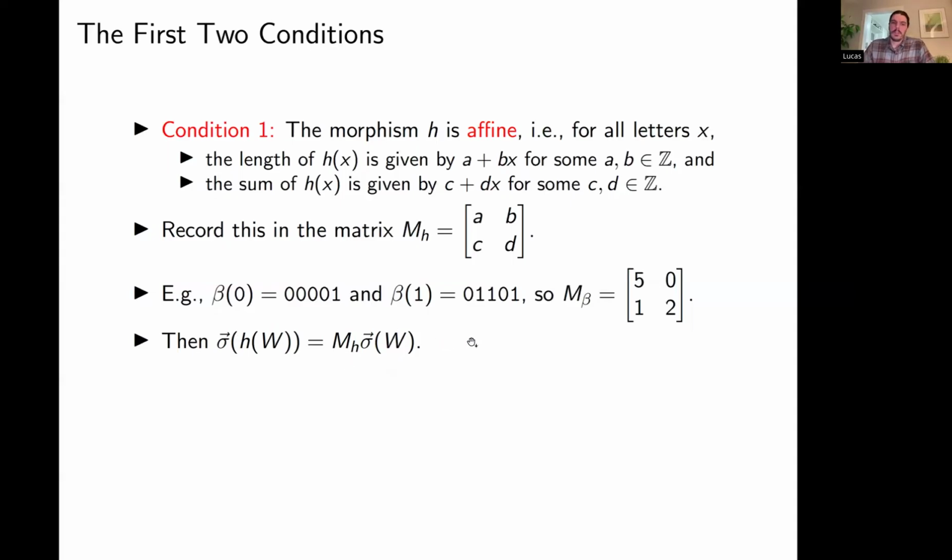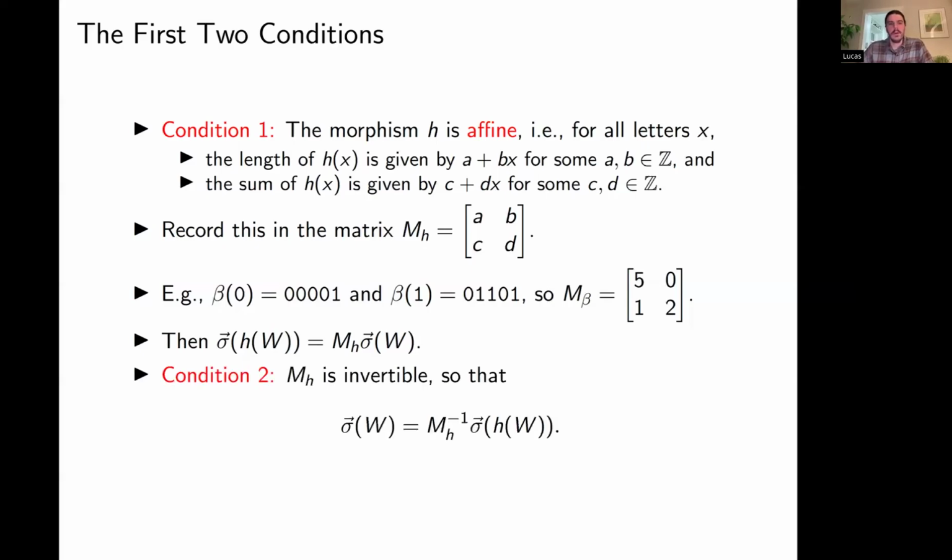So there's a similar result for Parikh vectors and the incidence matrix, right? But this affine condition makes it work, even if you only know the length and the sum.